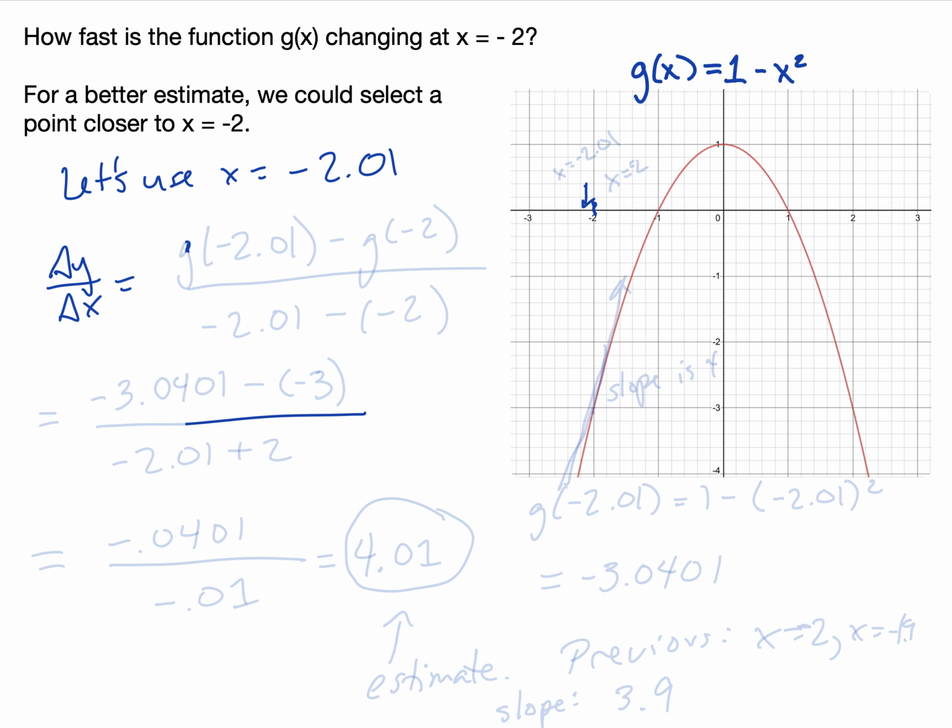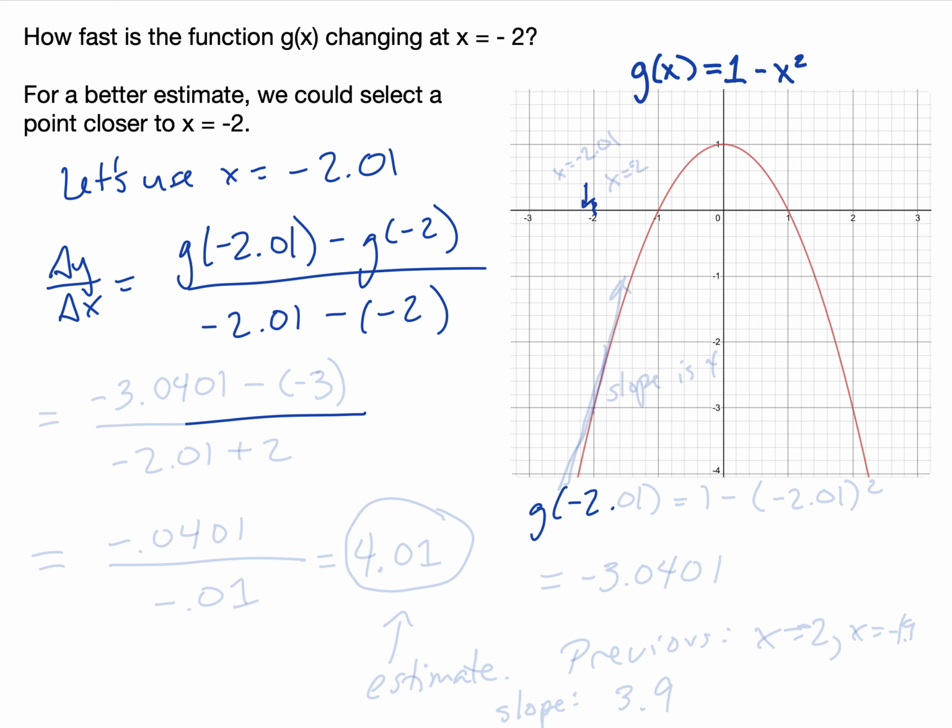And so that would be g of -2.01 minus g of -2 divided by -2.01 minus -2. So change in output divided by change in input. And now we can calculate g of -2.01.